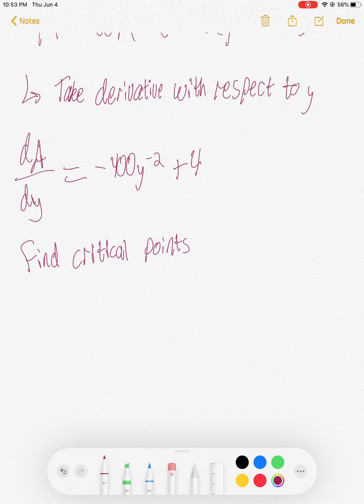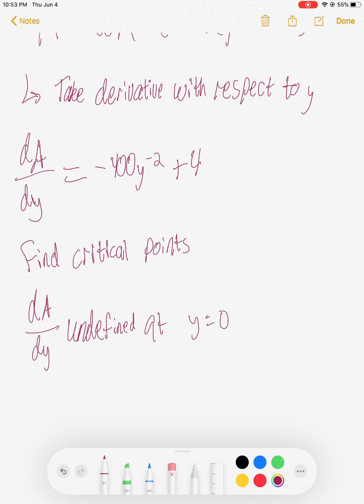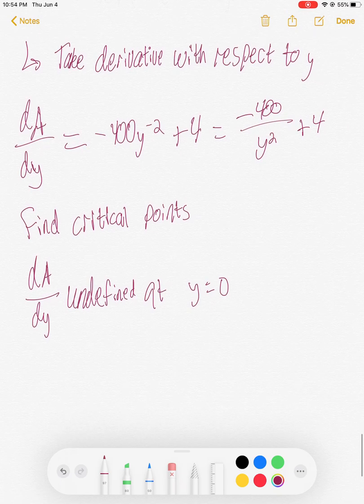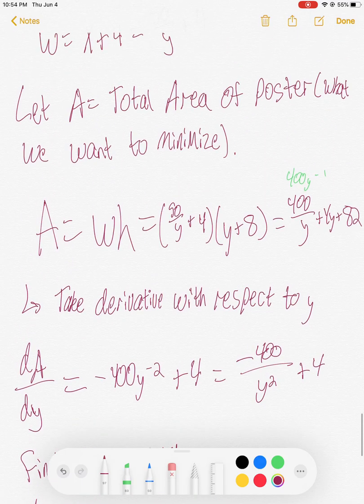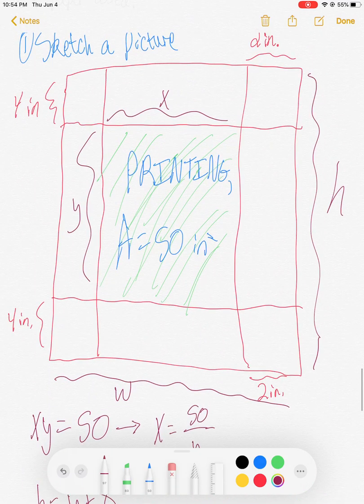So now to find critical points, remember we're going to find critical points so that we can find where area is minimized. So dA dy is undefined at y equals 0. Let me rewrite this, perhaps that will be helpful: it equals negative 400 over y squared plus 4. So if y is 0, then I'm dividing by 0.